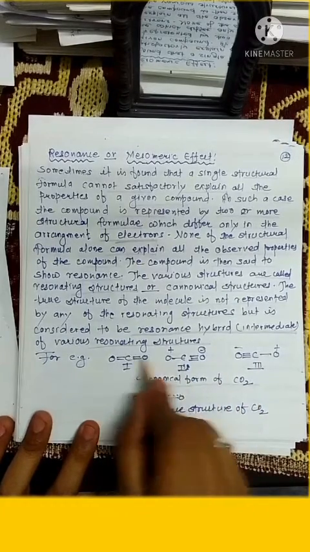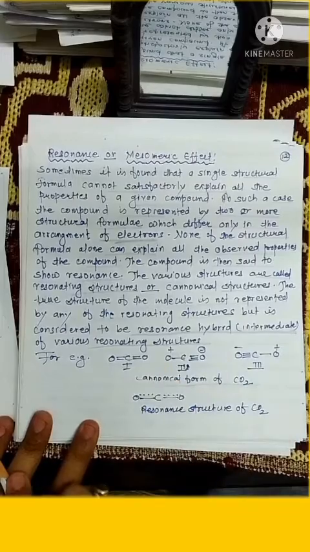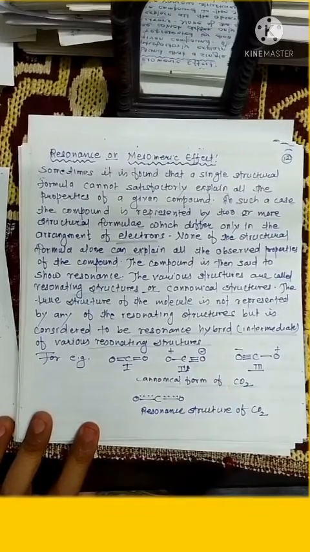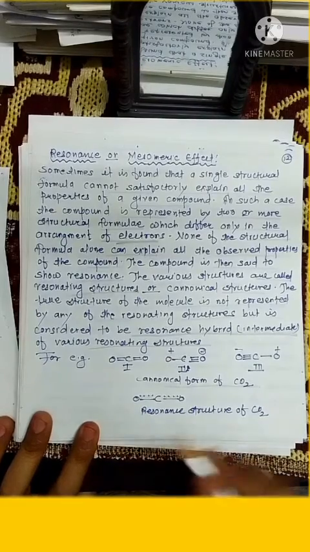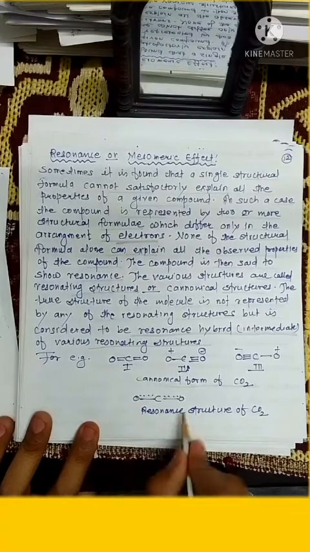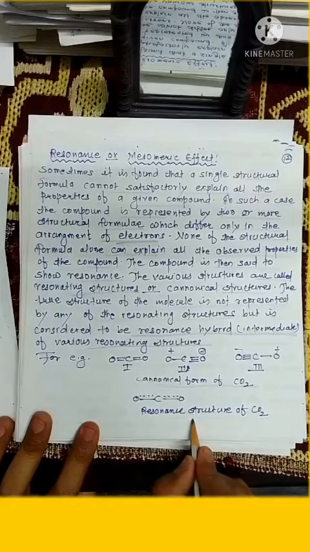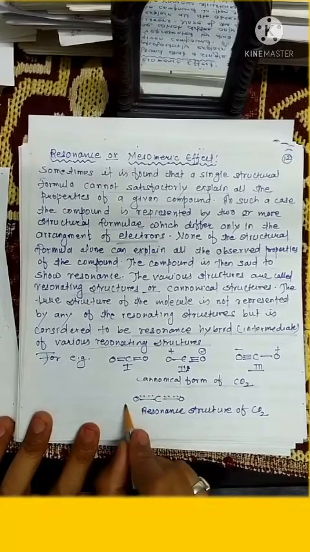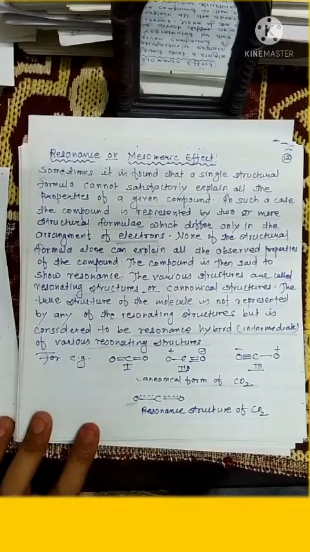This is not the actual structure of CO2. They are canonical forms. The actual structure of CO2, that is the resonance structure of CO2, is like this, which is shown here.